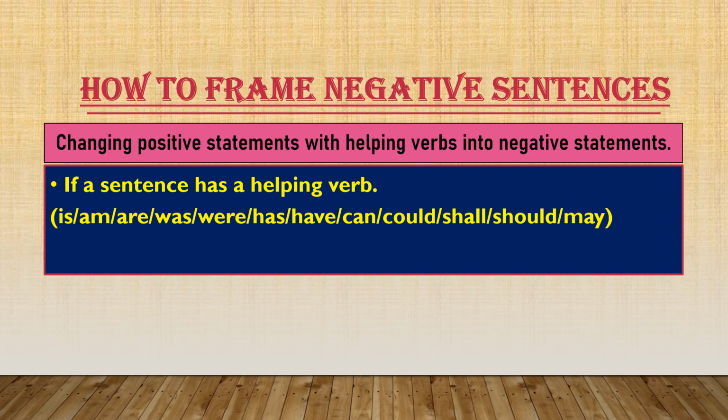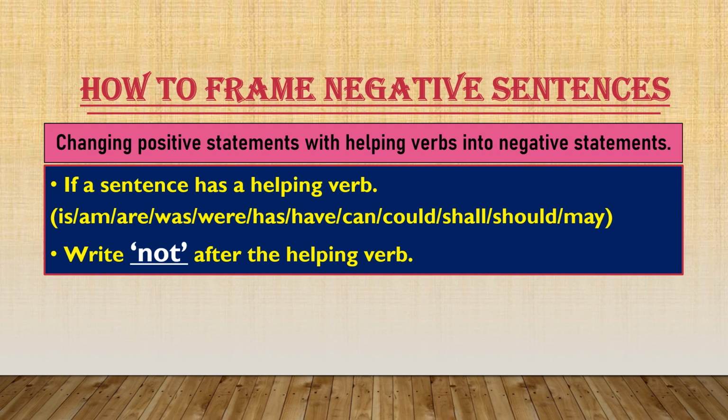For example, is, am, are, was, were, has, have, can, could, shall, should, may, might, all these are helping verbs and there are many more. You just have to find the helping verb in the sentence and write not after the helping verb, and your sentence will be changed into negative.